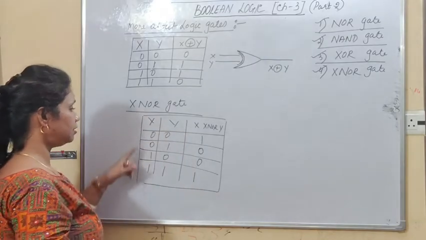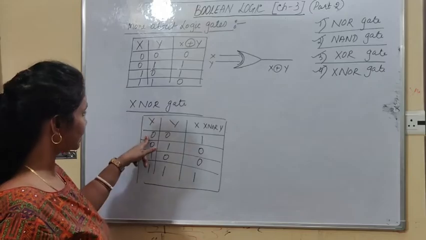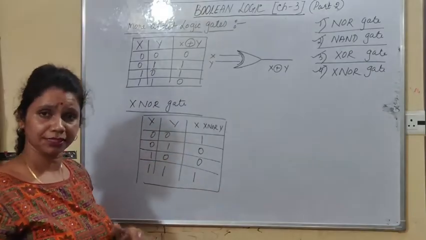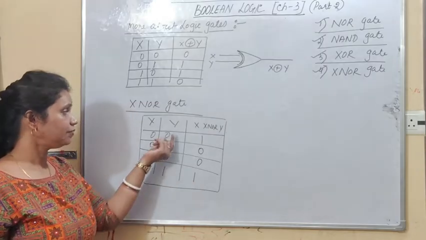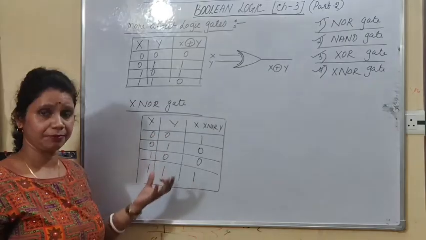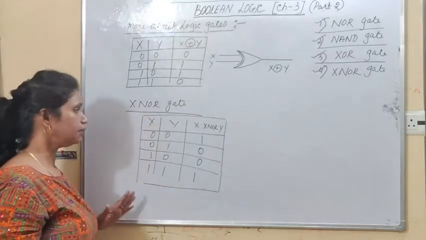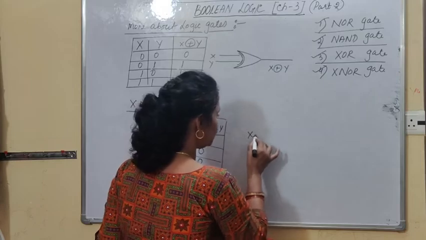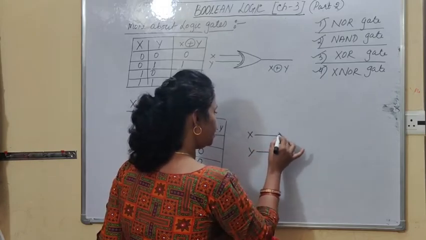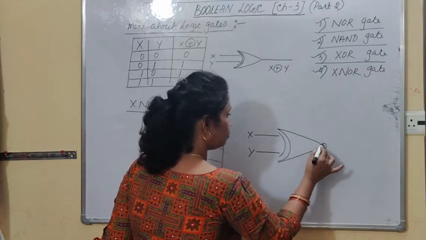Now, you can see the truth table of exclusive OR gate is just opposite to exclusive NOR gate. Right? So, what is the definition of exclusive NOR gate? Exclusive NOR gate operates on two or more input signals and it produces the output signal as 1 if the input combination has an even number of ones. Is that clear? Now you can draw the logic diagram for two variables. Just pass these two signals to an exclusive NOR gate.